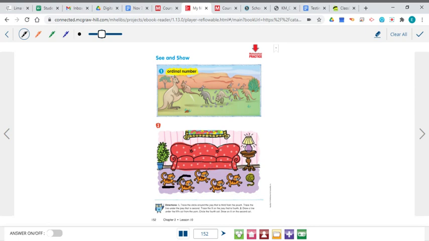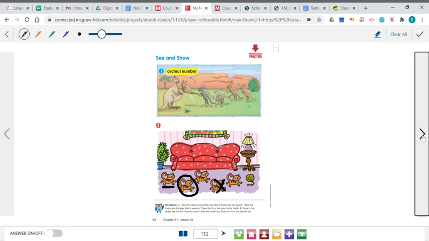There he is. So let's draw a circle around the fourth cat. And the last direction on this page says to draw an X on the second cat. So here's first, here's second. So we're going to put an X on the cat that is second.